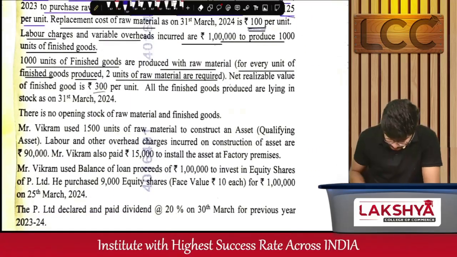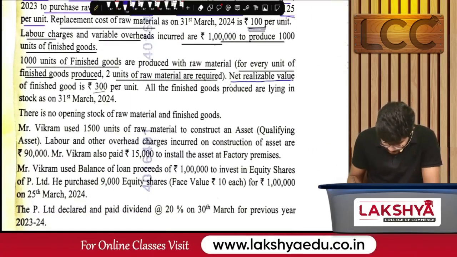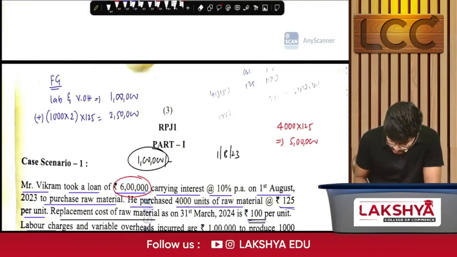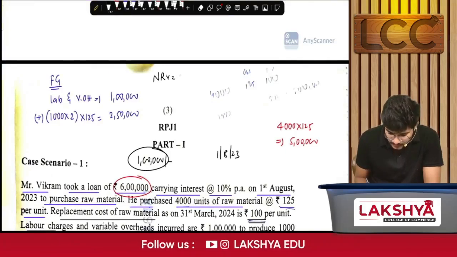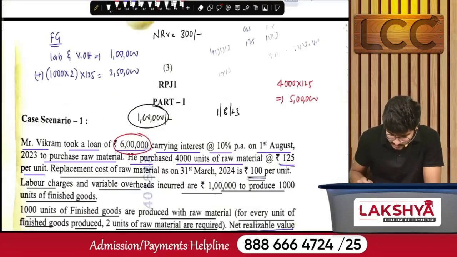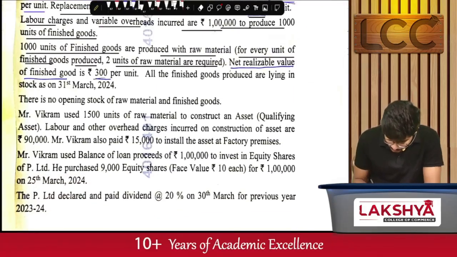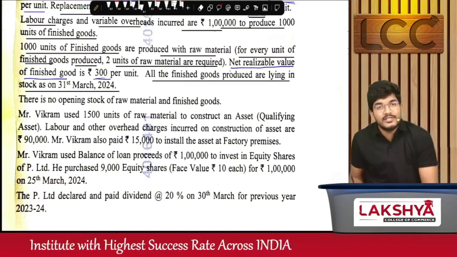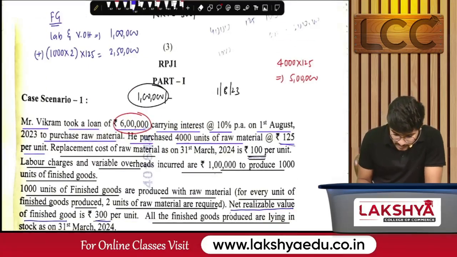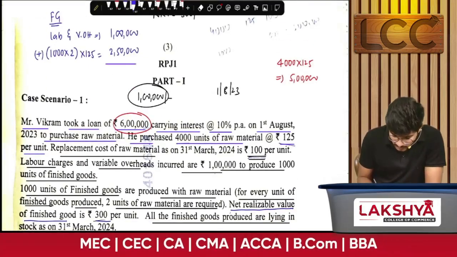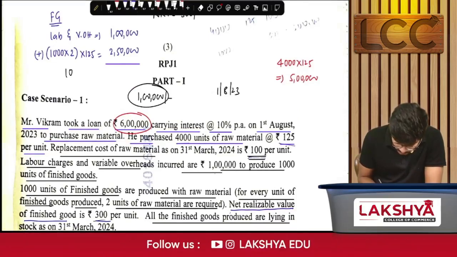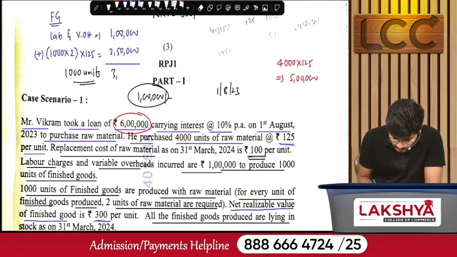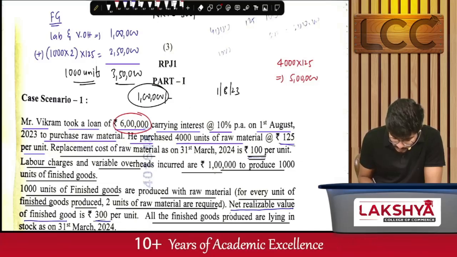Next, the net realizable value of the finished good is 300 rupees. All the finished goods produced are lying in stock as on 31st March 24. Entire finished goods of 1000 units are in closing stock, which cost around 3,50,000.